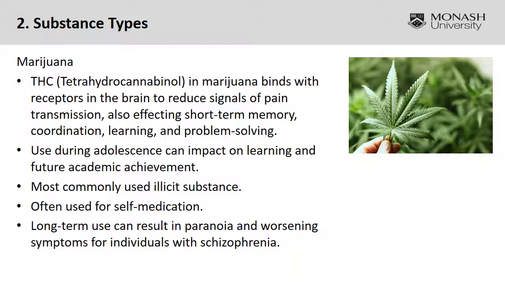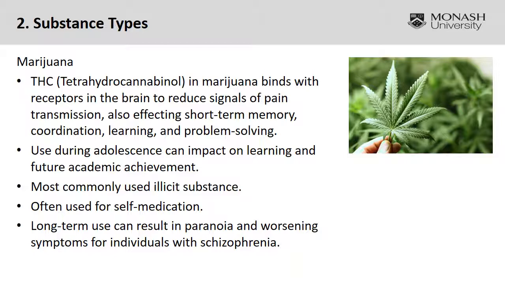So in actual fact, it's not that clear that the long-term use of marijuana can really have long-term impacts. It can have a long-term impact because of the effect it has on learning at a particular age, but it's not clear that it actually causes any physiological damage to the brain or the body.